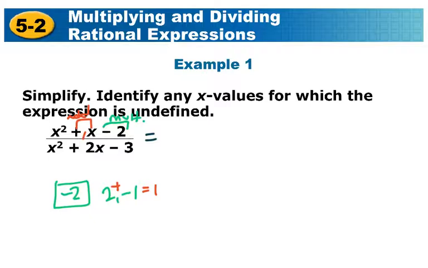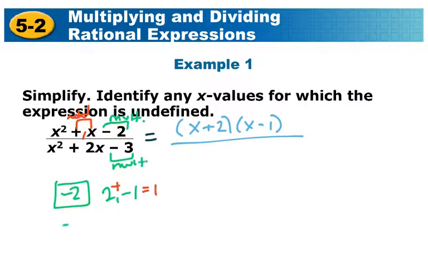That means our factors on top are going to be x plus 2 and x minus 1. On the bottom, again, we're trying to multiply to be -3 and at the same time add to be 2. The two numbers that multiply to be -3 but add to be 2 are 3 and -1, because those add to be 2.